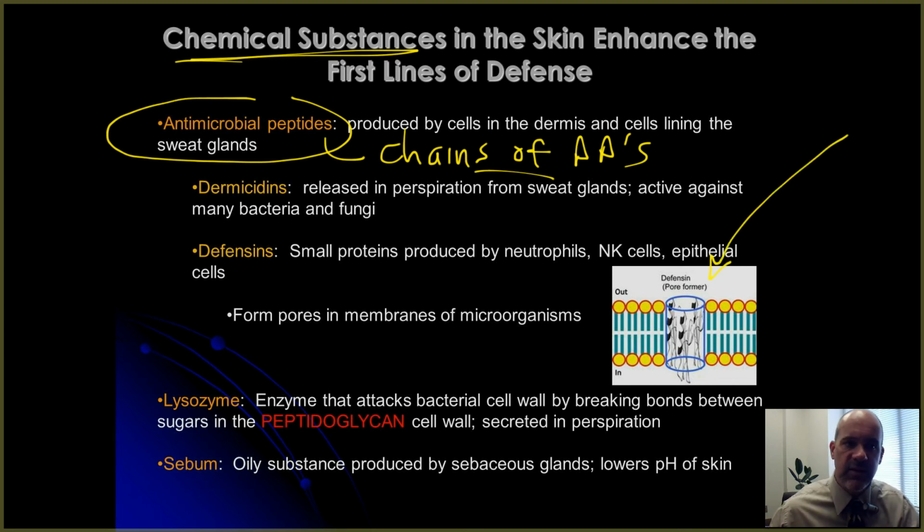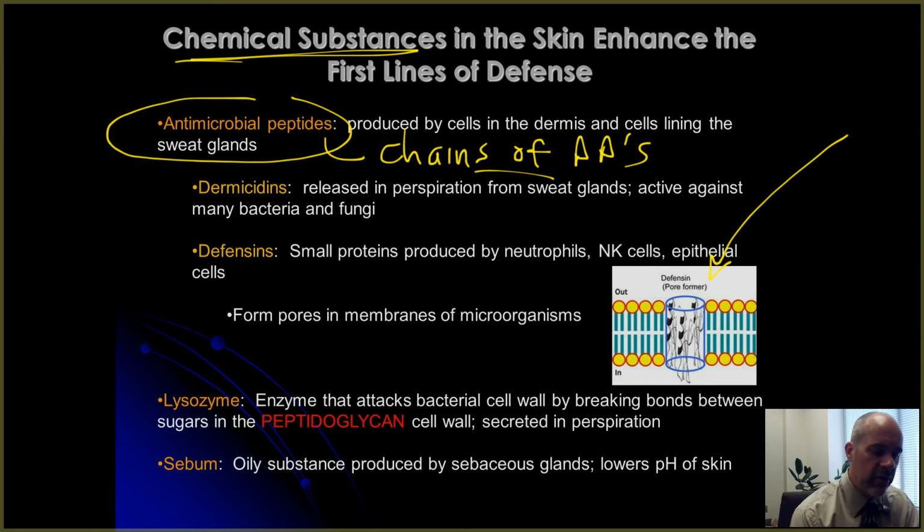We talked in chapter 11 about how some nasty types of pathogenic bacteria produce exotoxins that will insert themselves into the membranes of our cells and cause those cells to burst. And they do that by creating pores. And we also make weaponry like that.